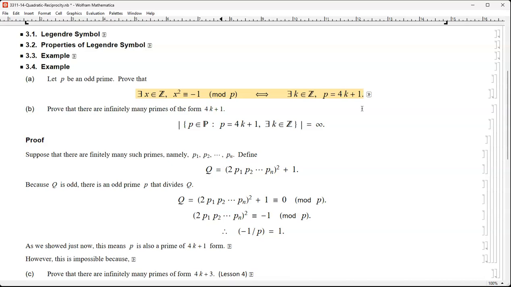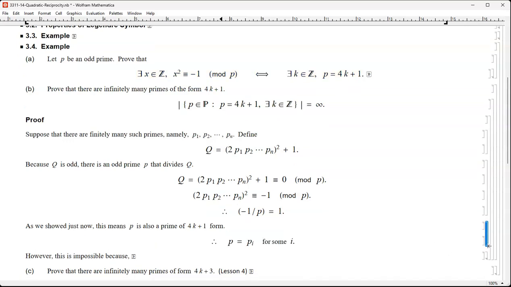I'm highlighting this right now. And we supposed that there are finitely many of those types, P1 through Pn. So this odd prime P should be one of those Pi. So P is one of those Pi.